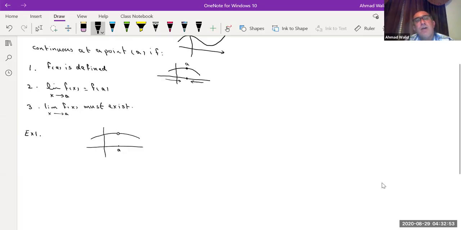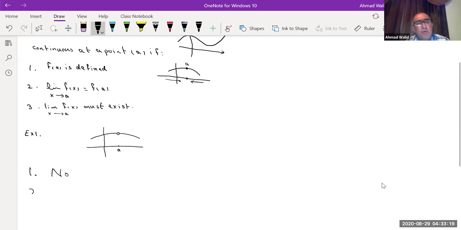Look at the simple definition I wrote for you at the beginning: a function is continuous if there is no hole. But this function has a hole. It means test number 1, f of A is defined, no, you failed test 1. This graph failed test 1.